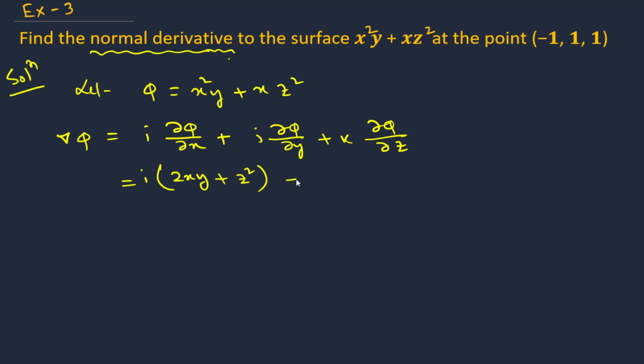Z square. Then j into, in the first term y is there, so x square into 1, and then in the second term there is no y, so it will be only x square, and then k into, first term there is no z, here we have 1z, so it will be x into differentiation of z square is 2z. Okay, this much we will get.